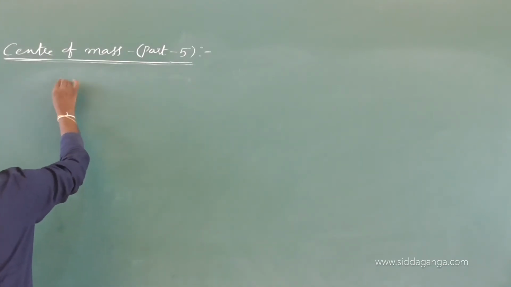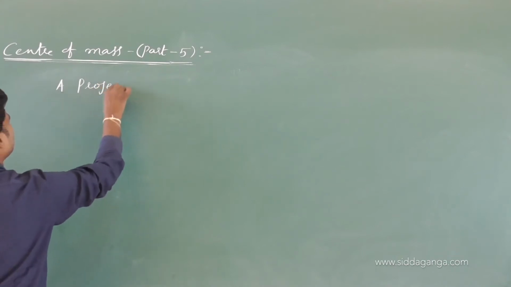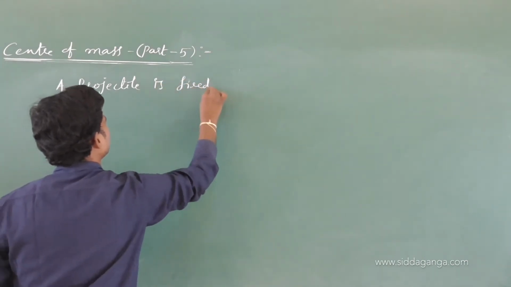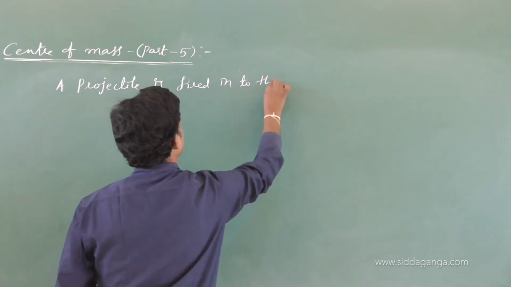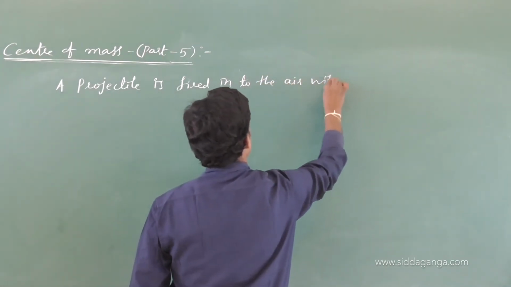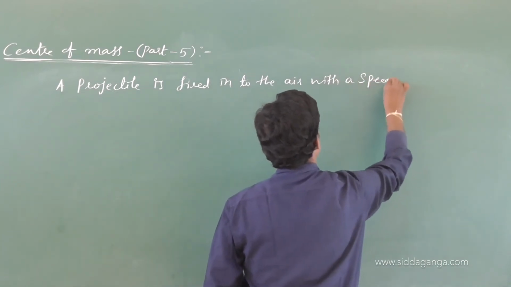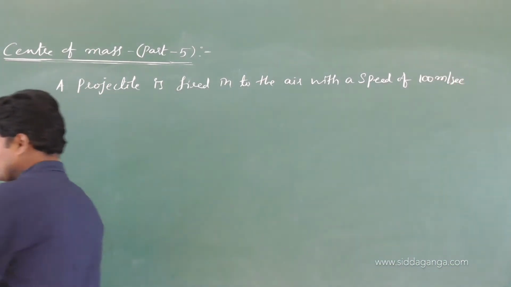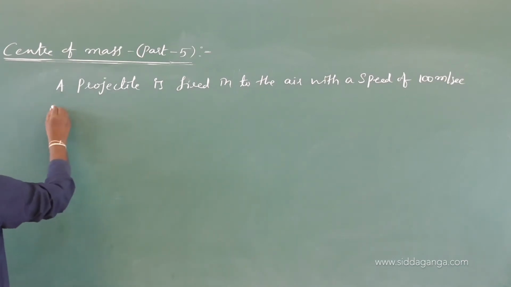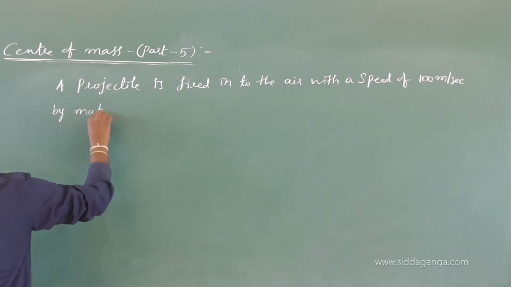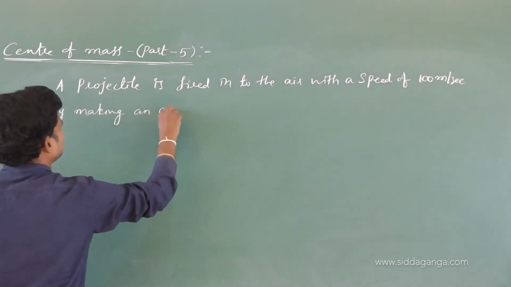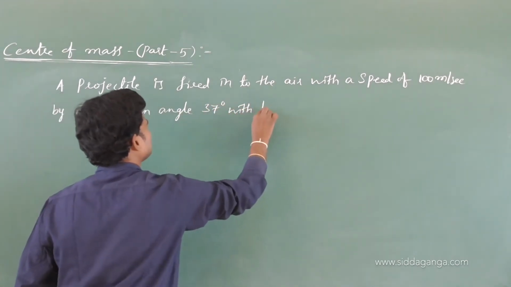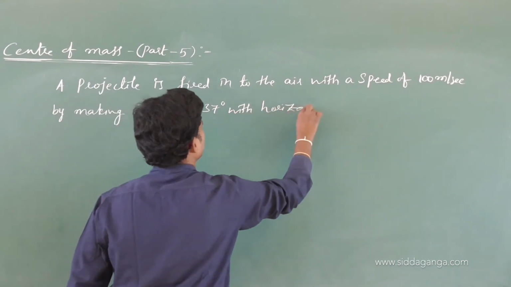A projectile is fired into the air with a speed of 100 meter per second, making an angle of 37 degrees with the horizontal.